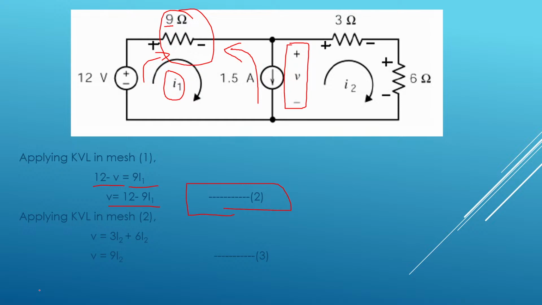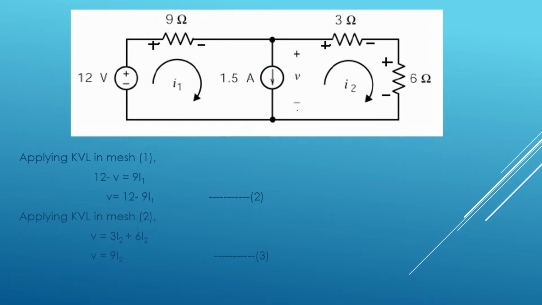Now let us go to mesh 2. This is our mesh 2. In this mesh 2, how many elements are there? Voltage, resistor and resistor. Actually there is no voltage source here.